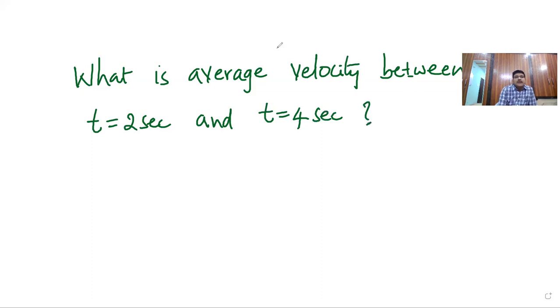This is the extension of this problem. Here he is asking the average velocity between t is equal to 2 and t is equal to 4. Now let us solve this problem.